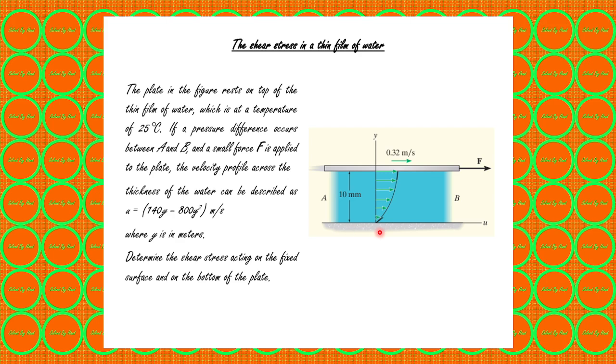We had a fixed plate and a moving plate, and we calculated the shear stress between them. We calculated the shear stress at the bottom of the moving plate, for y equal to 10 millimeters, and also near the fixed plate, for y equal to 0. We have found the two expressions.